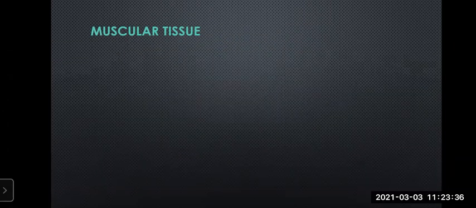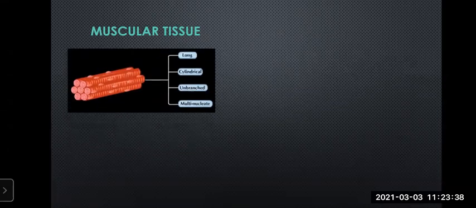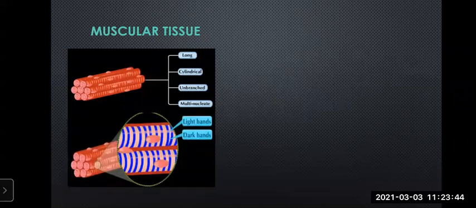Next is muscular tissue. Now, in this also you have three types of muscular tissue. The first type is the skeletal tissue. The skeletal tissue is elongated, cylindrical in shape. There are many peripheral nuclei. These dots you see, these are the nuclei.